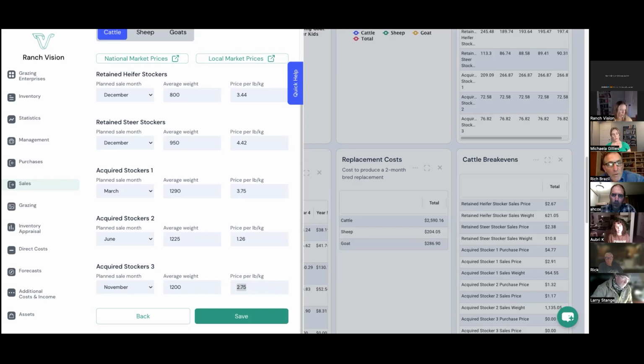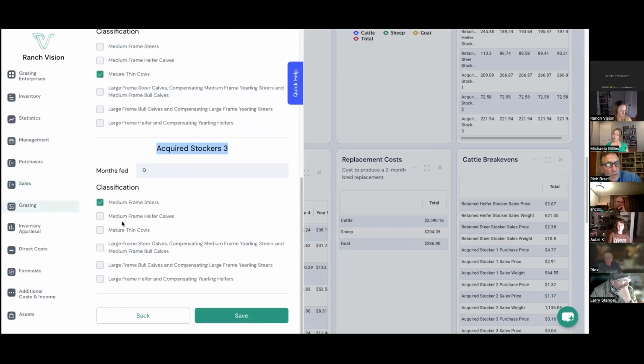Okay, so we said we got them in June to November, 5 months times 35, so it's 175. So you're going to get paid $175. Divided by 1,200 pounds, you're going to get paid 14.6 cents per pound.